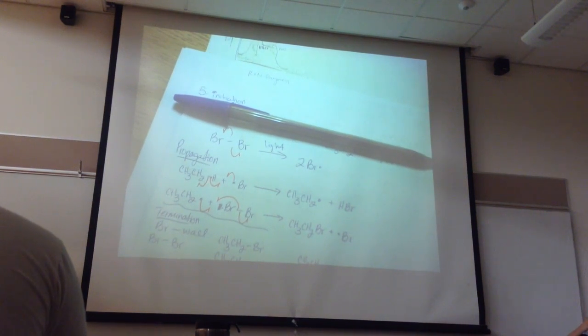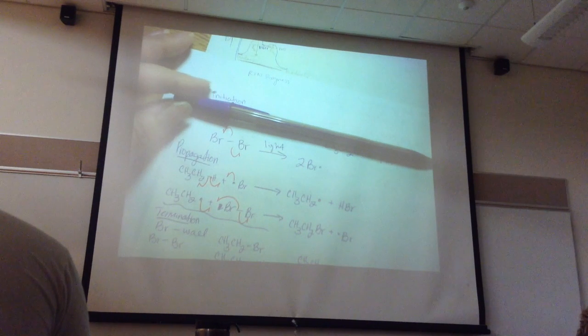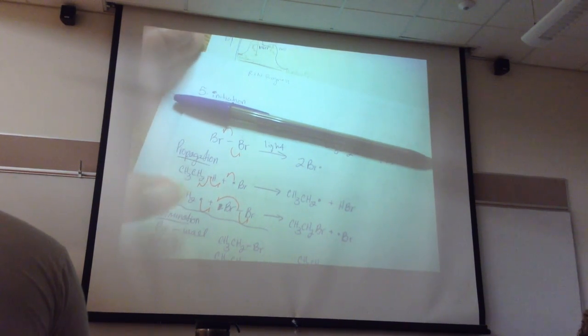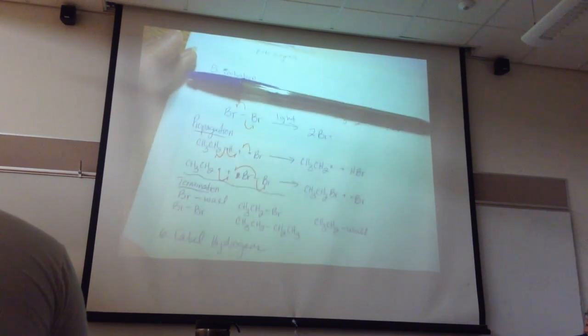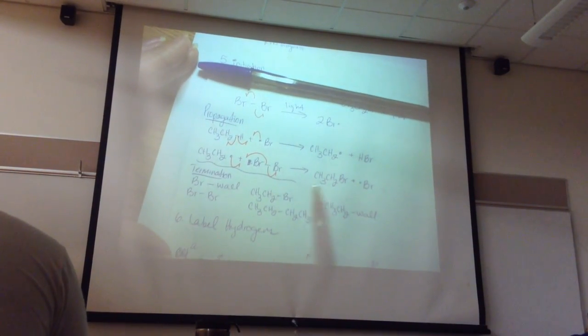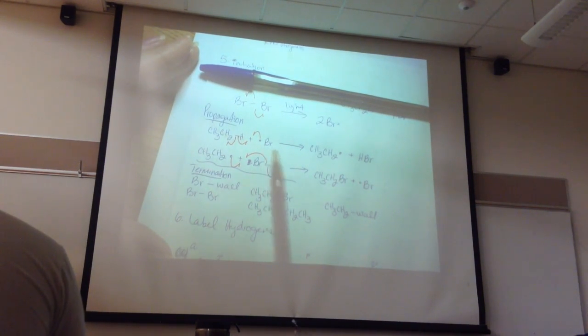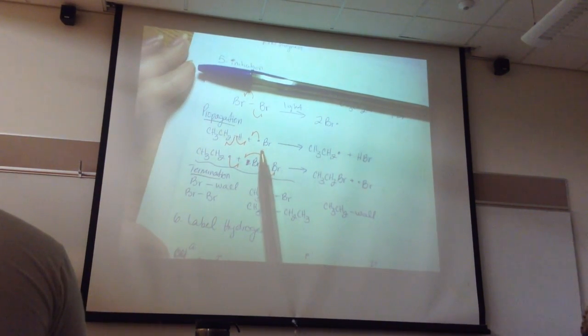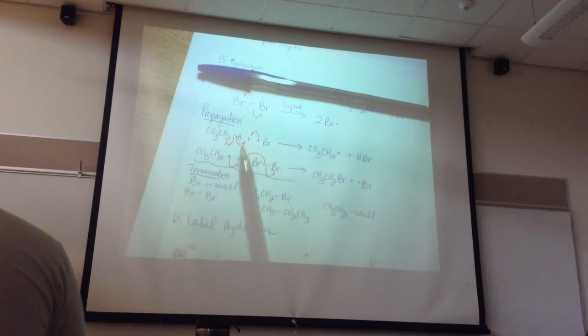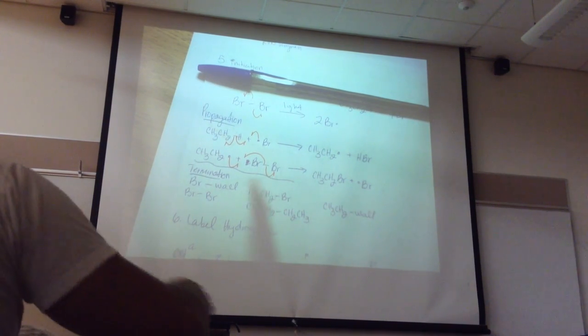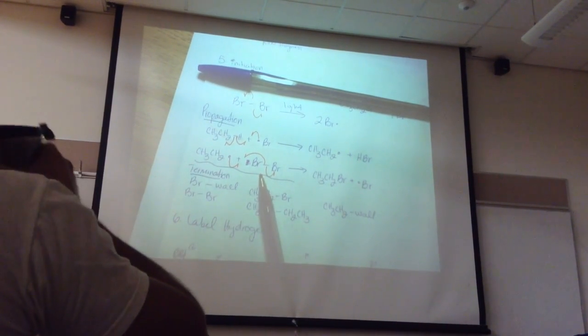And again, I don't know if I'm going to have you do this because this is time consuming and kind of silly, but the propagation steps look very good. You already have the reactive species, which is the bromine radical. The bromine radical is going to go after a hydrogen, generating the ethyl radical and HBr. And then the ethyl radical goes after a bromine.